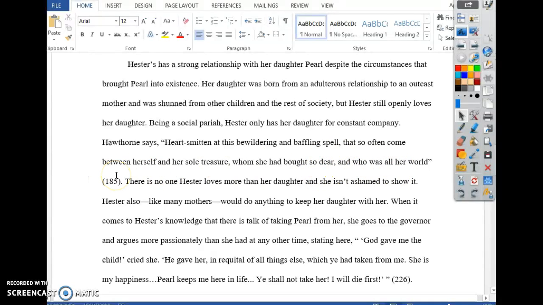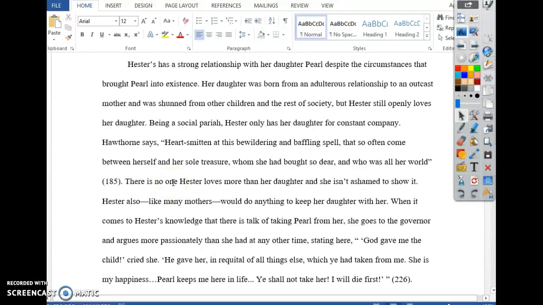Line 85. So notice that quote introduced, quoted, page number, periods in the right place. There's no one Hester loves more than her daughter, and she isn't ashamed to show it. So this is a little bit more subtle explanation, which is an option, but notice that it is still doing the same thing as this example says. It is explaining what's in this quote.